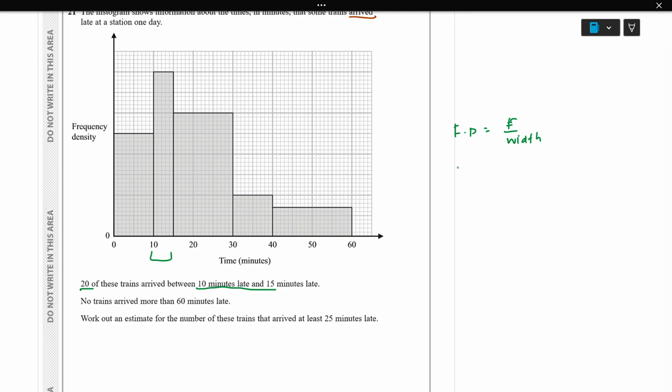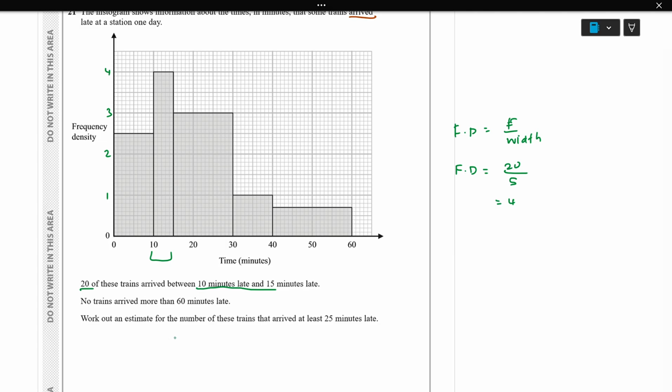So frequency density equals 20 over the width, which is 5, so it's 4. So for 10 to 15 the frequency density is 4 here. This is 1, 2, 3, 4. So we found the frequency density.